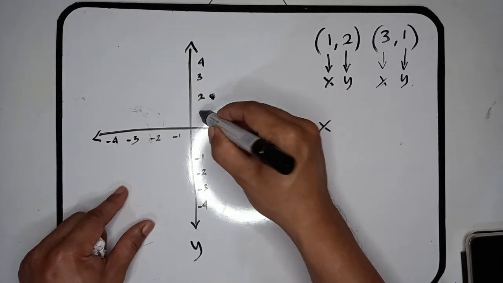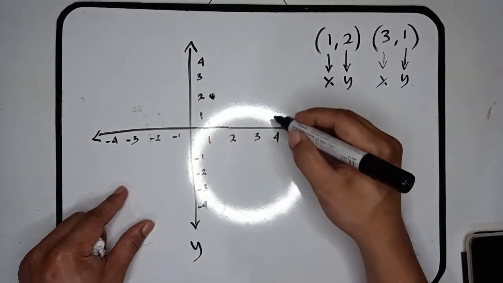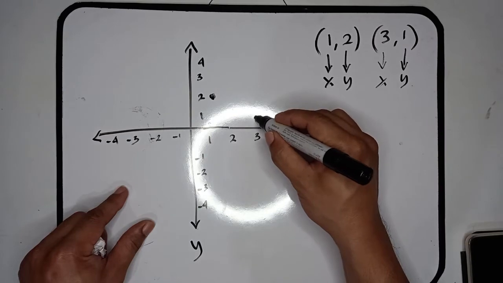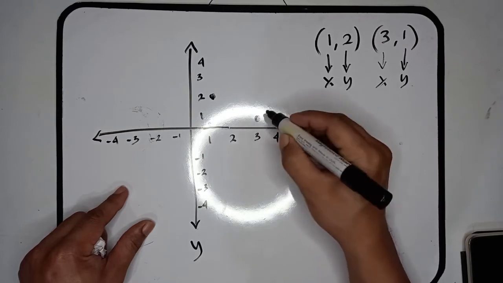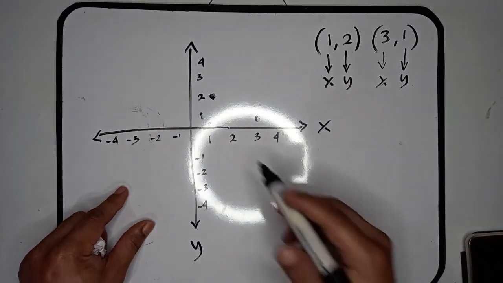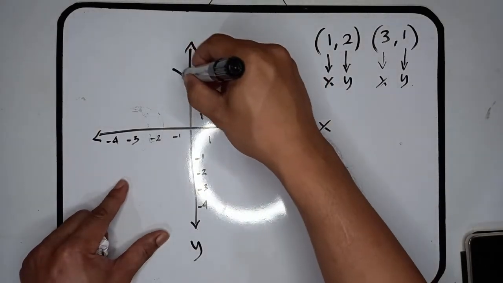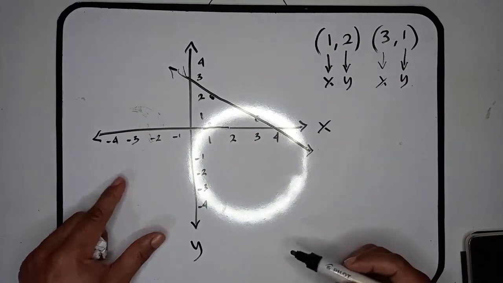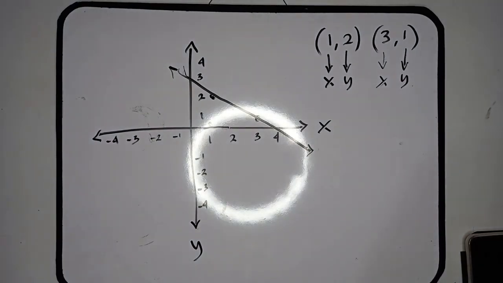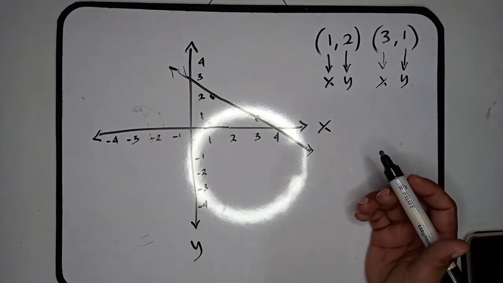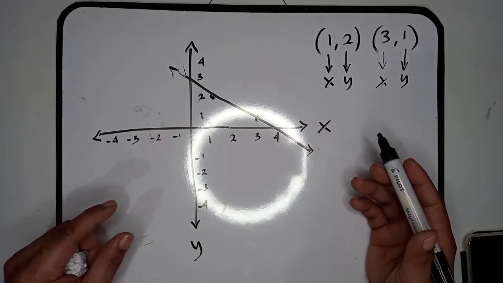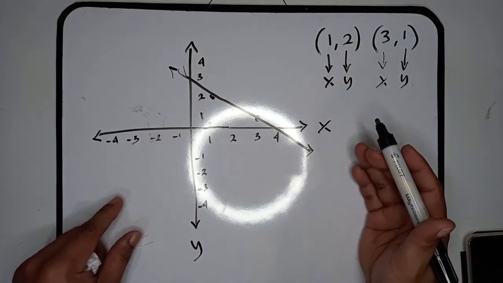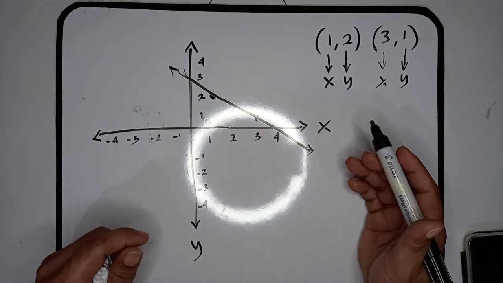So the point will be positioned around here. Okay. So since we have now already 2 points, we can now connect these 2 points. There you go. Okay. So this is how you plot the given points to your graph.